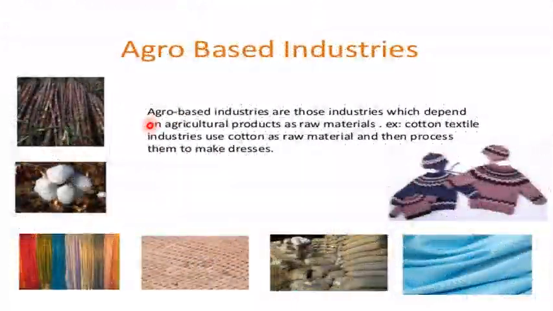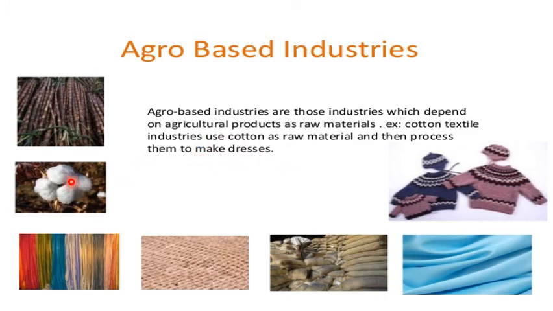So here you can see that agro-based industries are those industries which depend on agricultural products. And what are the agricultural products? Like raw materials, for example, cotton, sugarcane, and other things. Cotton textile industries use cotton as a raw material, and then process the cotton and make dresses.